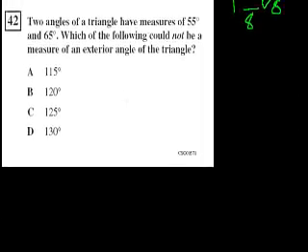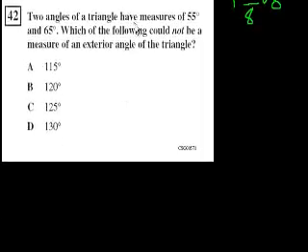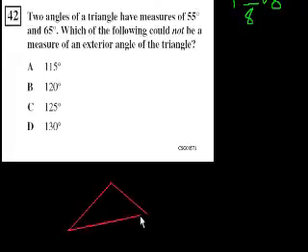Problem 42. 2 angles of a triangle have measures of 55 and 65. Which of the following could not be a measure of an exterior angle of the triangle? So I think this is a good time to introduce what an exterior angle even is. If I draw any polygon, and I'll draw a triangle since that's what this question's about, let's say that's my triangle.